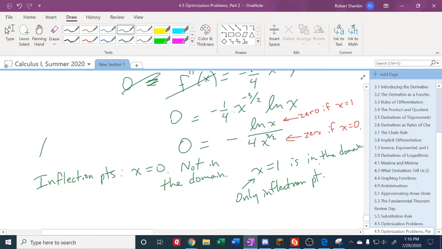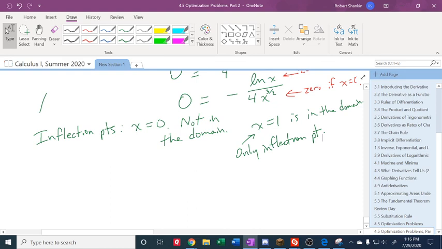Alright, so then, this function is only defined from 0 to 1, and then it's also defined from 1 to infinity. It's going to be concave either up or down on each of these intervals.